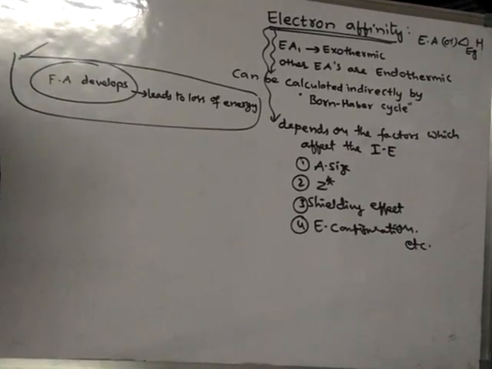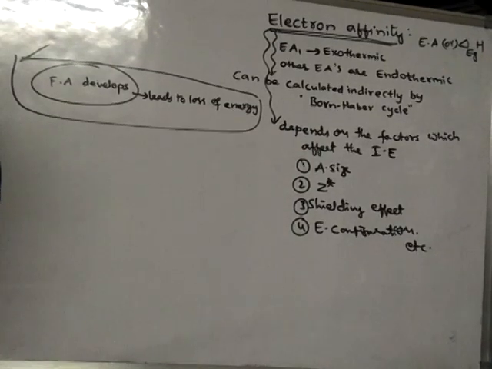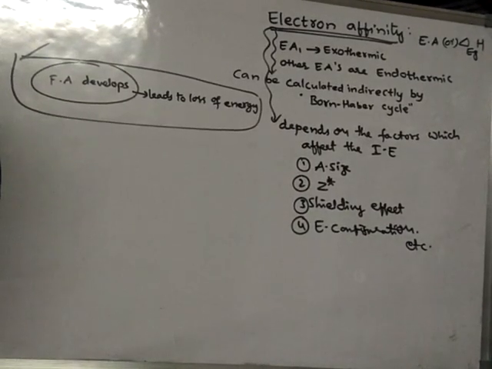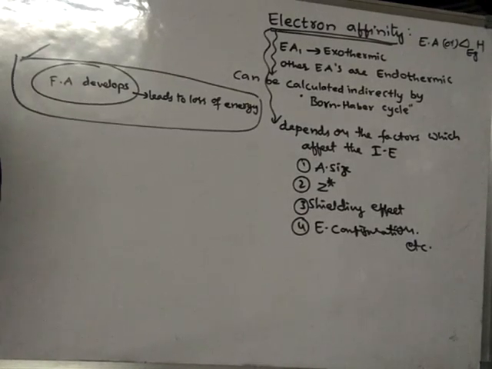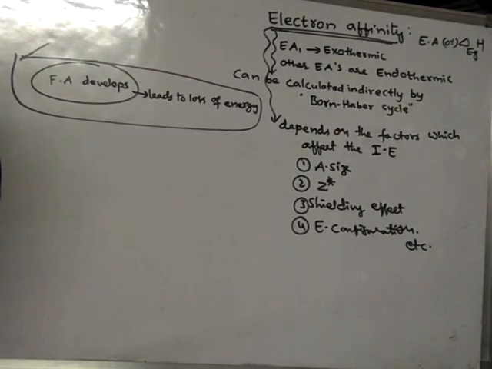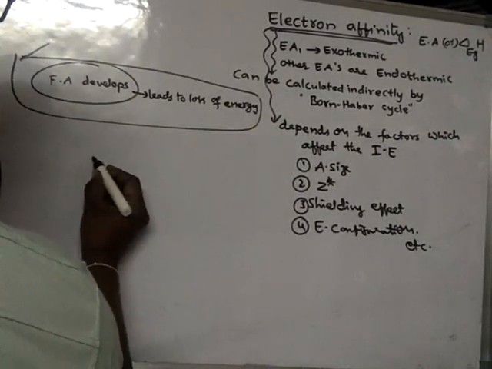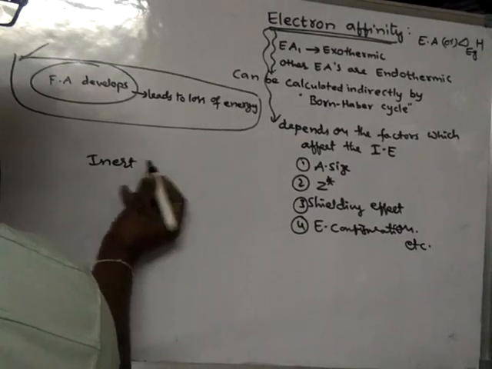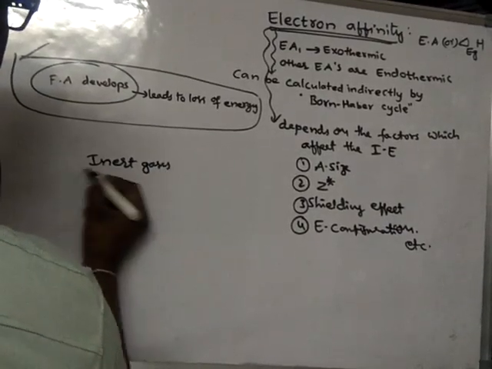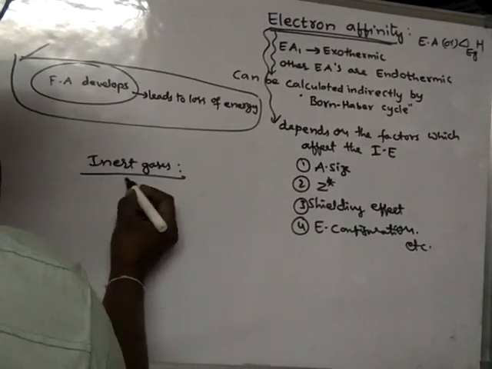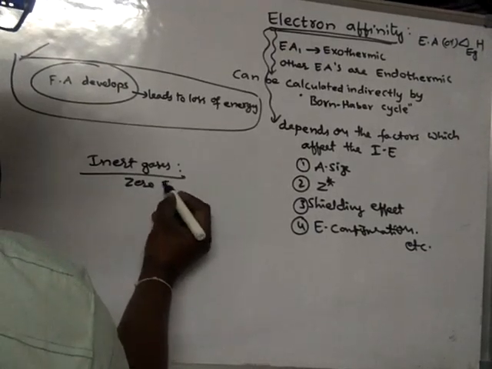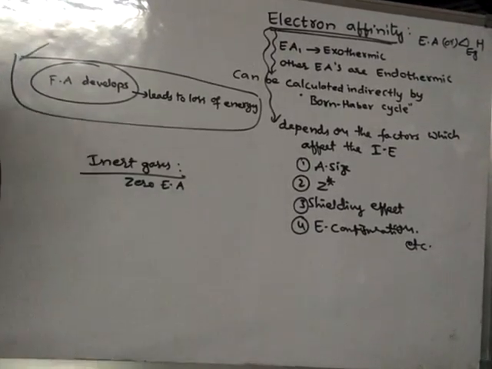See, if you consider inert gases, due to the completely filled orbitals, this atom does not like to take an electron from outside. That means inert gases possess zero electron affinity. Why?